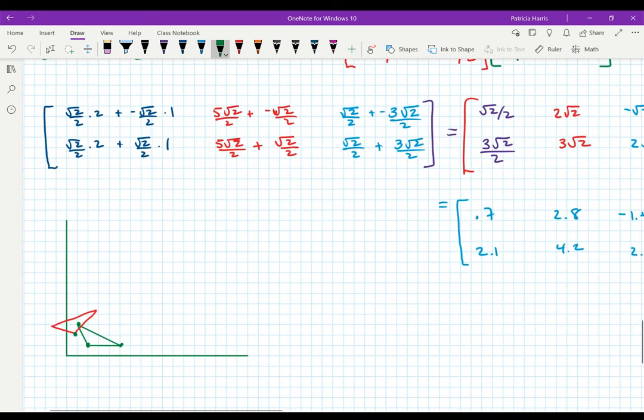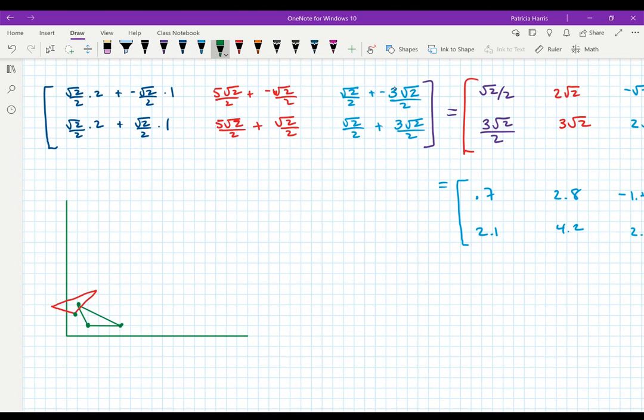Your 5.1 matches up with this point right here. And then your 1.3 matches up with this point right here. So you do get that turn. And if you measure, you should get a 45-degree angle.